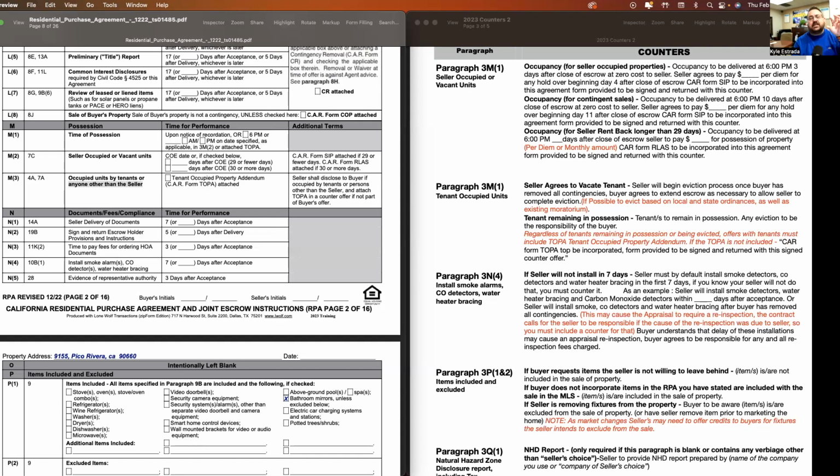The problem is that I have conversations a lot of times with agents where they're like, yeah, I told my sellers are already vacating the tenants. Okay, they serve notices, they do these things. Well, the tenant said, yeah, we're moving out anyway. You guys have to remember that even if the tenant says, without following the process of serving and all those things, if the tenant says, I'm going to move out, and then they don't, the rights still apply to them.